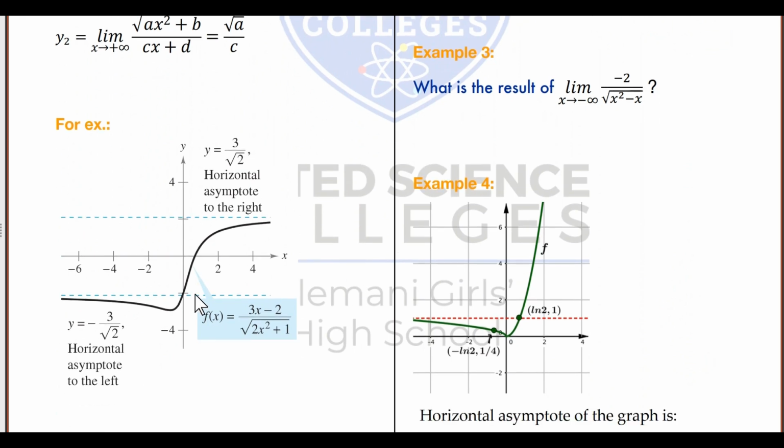For example, in this figure, I see two horizontal asymptotes. The right side one, as x approaches positive infinity, is 3 over square root of 2. For negative infinity, it is negative 3 over square root of 2.